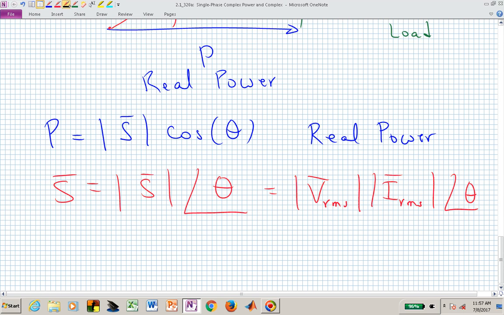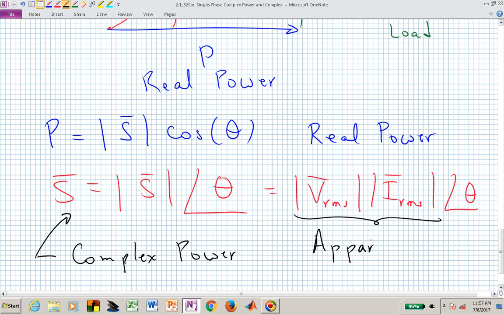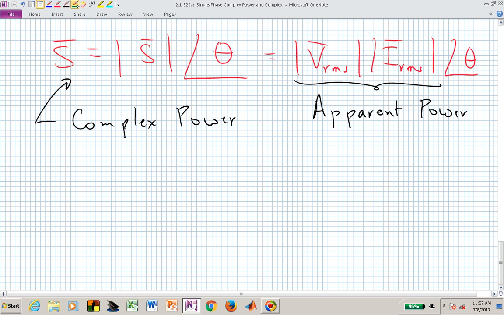We call this our complex power, as we've done before. But if we just want to know the magnitude of that power, that's what we will term the apparent power of that particular system. The remaining quantity is our reactive power Q, which is the apparent power times the sine of theta.